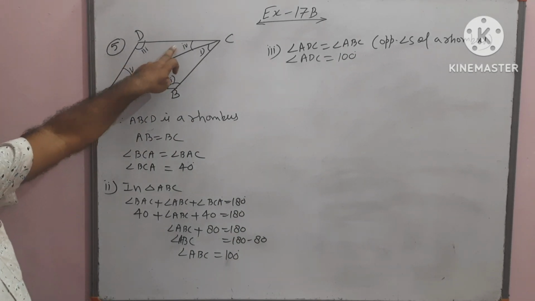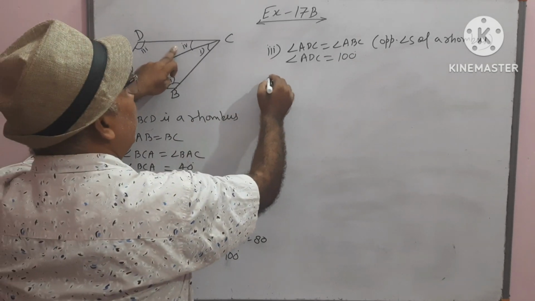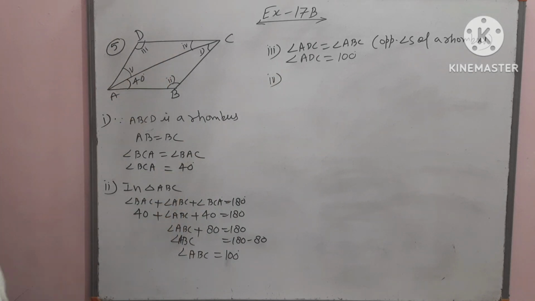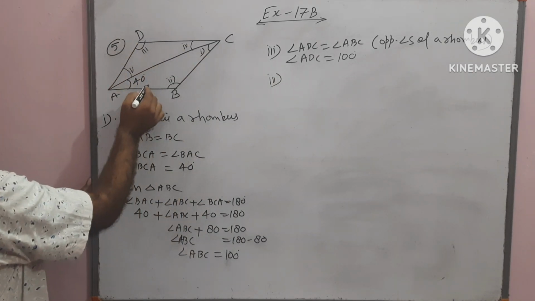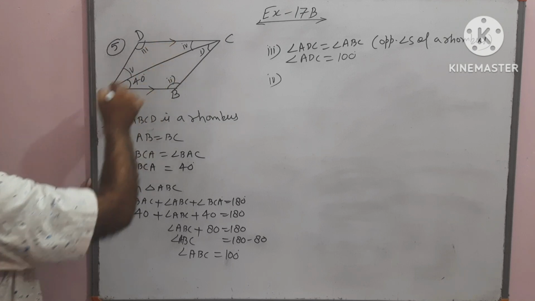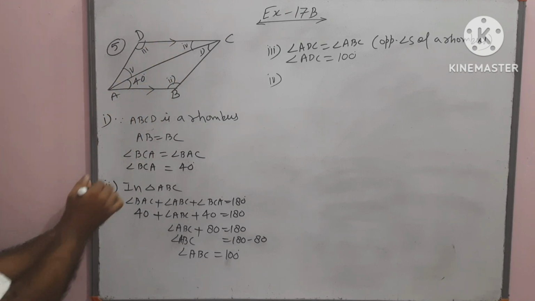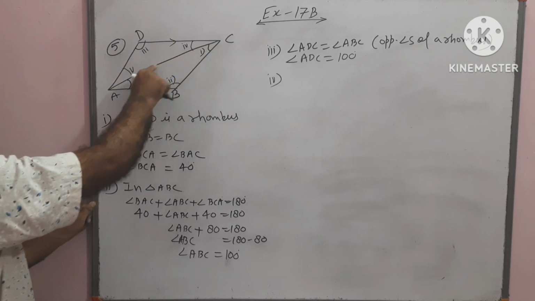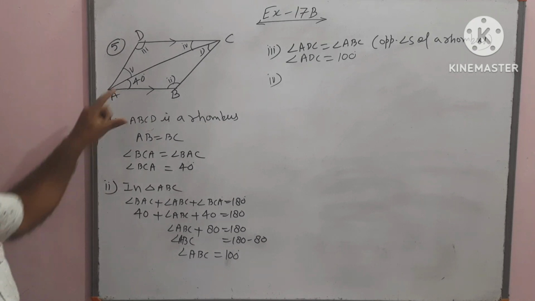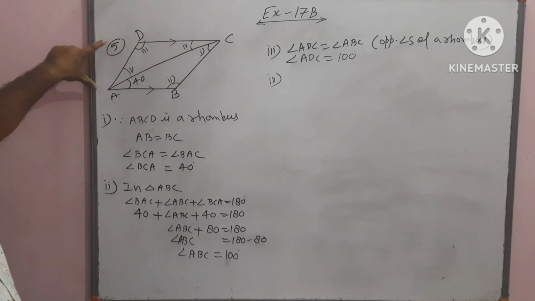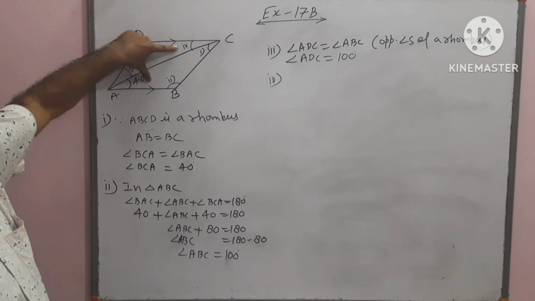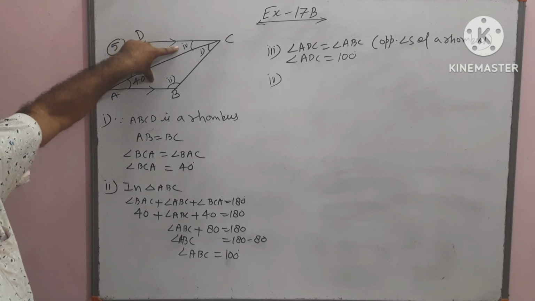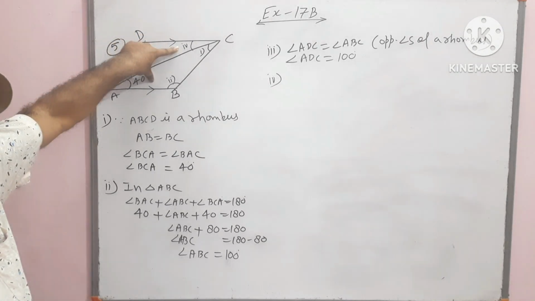Now fourth angle ACD we have to find. Watch carefully. ABCD is a rhombus, then AB and DC are parallel to each other. In this case, AC is a transversal. AB and DC are parallel and AC is transversal. Then these two angles are called alternate interior angles.